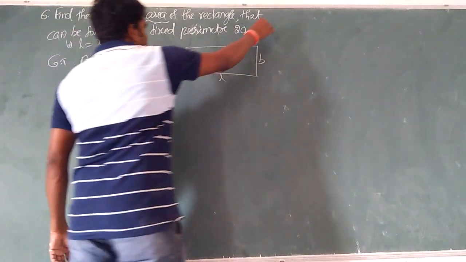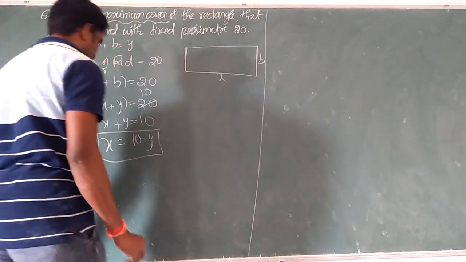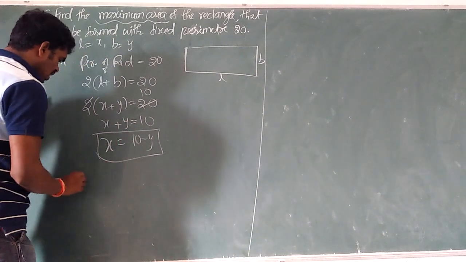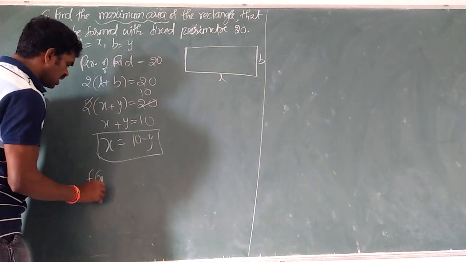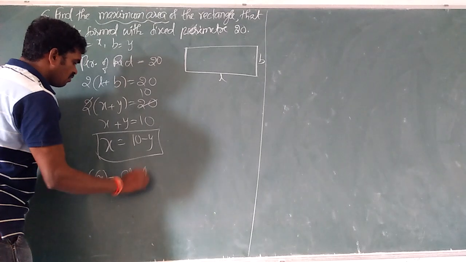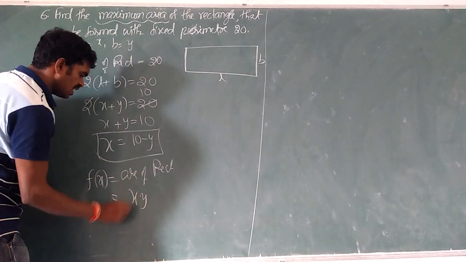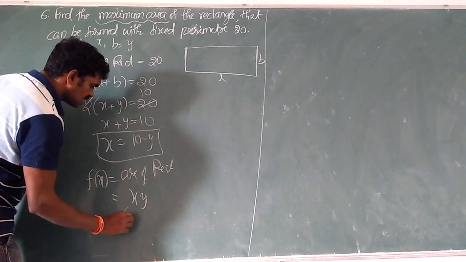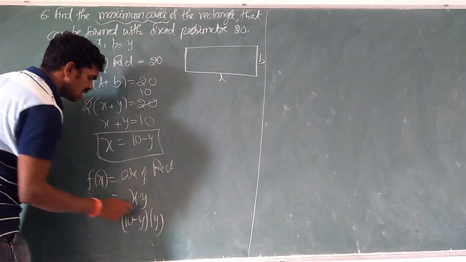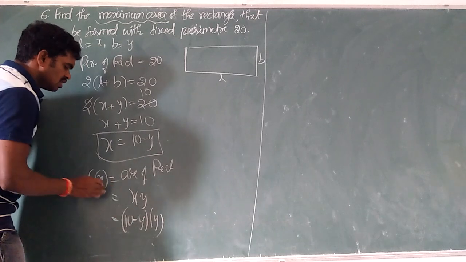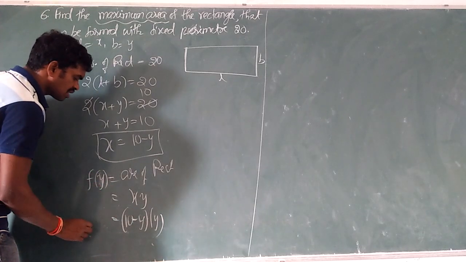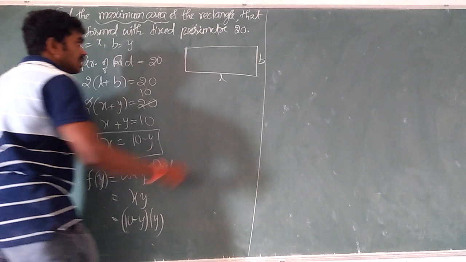So what do you mean by maximum area of rectangle? Therefore here the function is area of rectangle. Area of rectangle formula is x into y. Here x means (10 minus y) into y. See, here this also comes in terms of y, so that's why I'm taking this also in terms of y. So 10 into y, 10y.